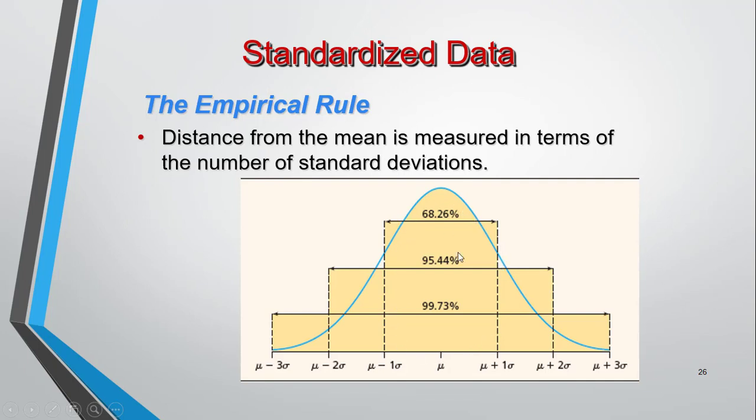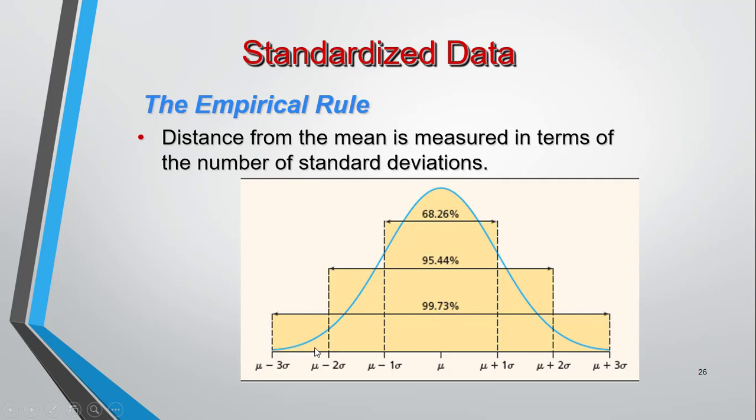If you use 2 standard deviations, a wider range from here to here, you expect to find 95% of people within this range. If you use 3 standard deviations, minus 3 sigma and plus 3 sigma, you expect to see 99.73%.